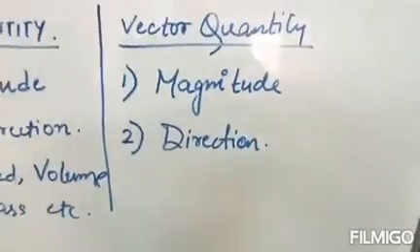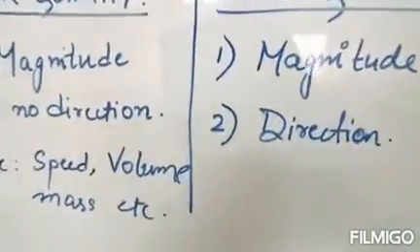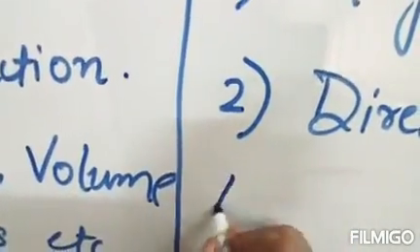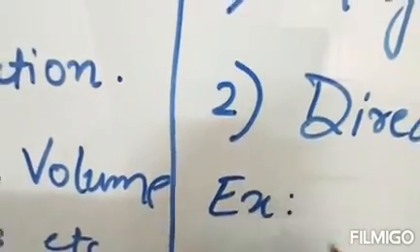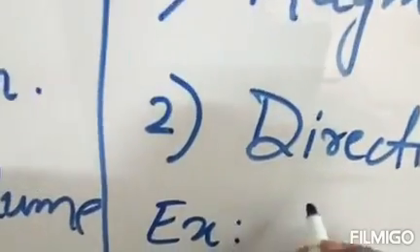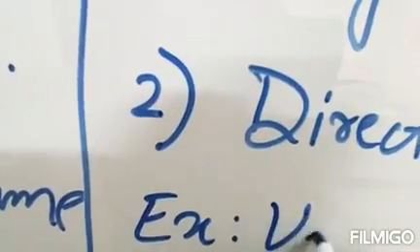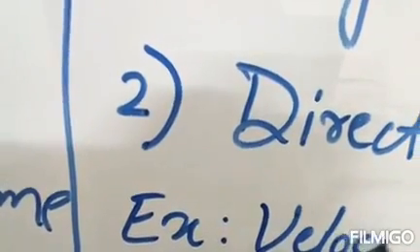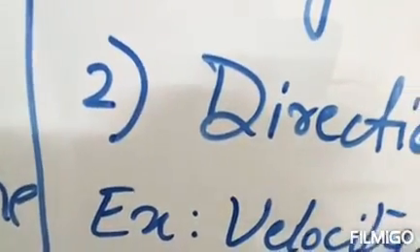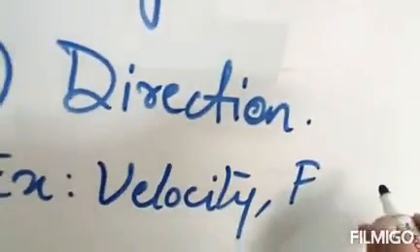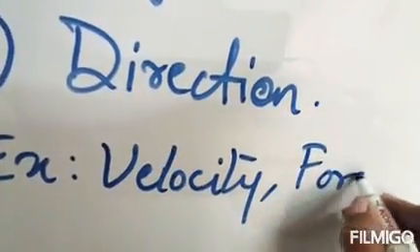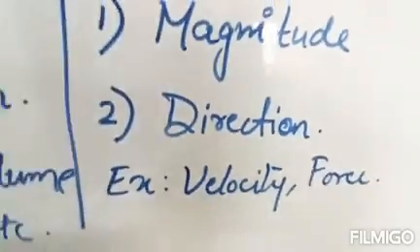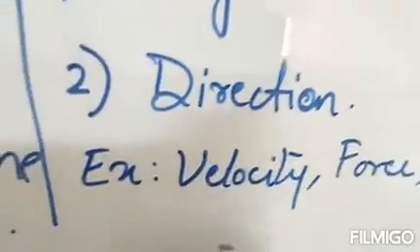It will have a magnitude and it will have a direction. So what are its examples? Let's see. Examples are like velocity, force, acceleration.